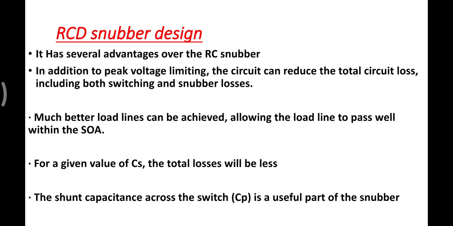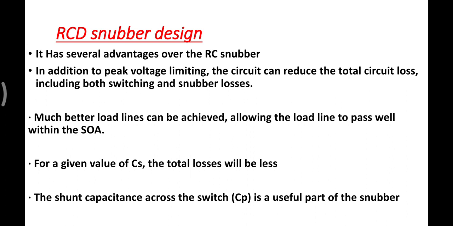So compared to the RC snubber circuit, this RCD network limits the peak voltage, and it also reduces the total circuit losses and the switching and snubber losses. These are the advantages of the RCD snubber circuit.